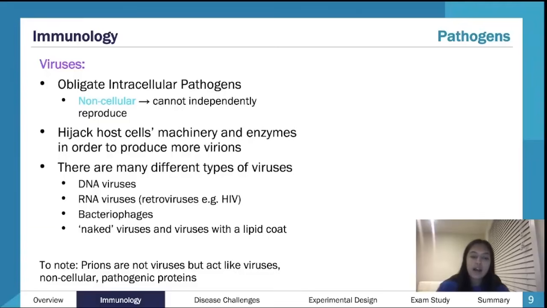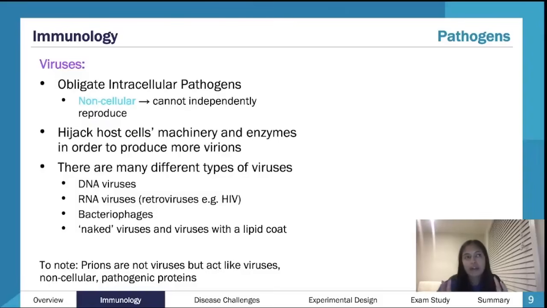Okay, so prions are another type of pathogen that we can see down the bottom there. They are also non-cellular. They are ultimately misformed proteins. The disease may spread from animals.